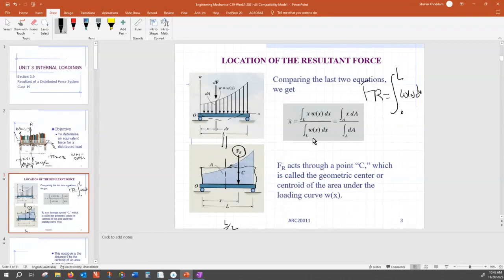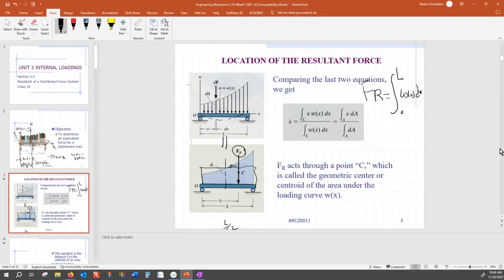So in the general case, this is the center of area for that shape. You've been told that in calculus, in prior mathematics. The next thing is that we know an integral can be represented as a summation.